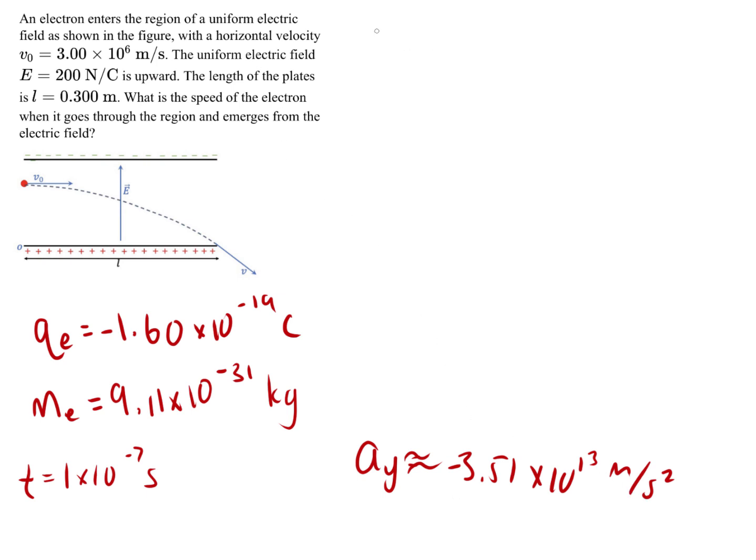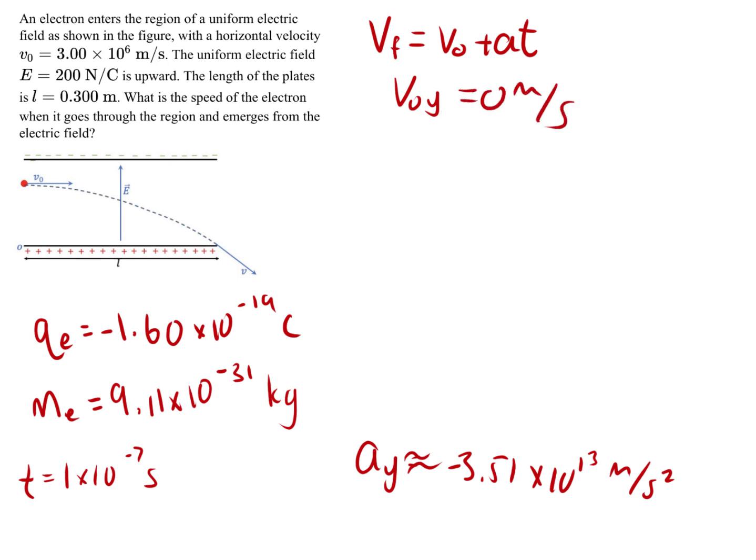So now we can use our other kinematic equation. The final velocity equals the initial velocity plus an applied acceleration over a period of time. Vertically, it initially is just moving horizontally, so the initial velocity in the y direction is 0 meters per second.